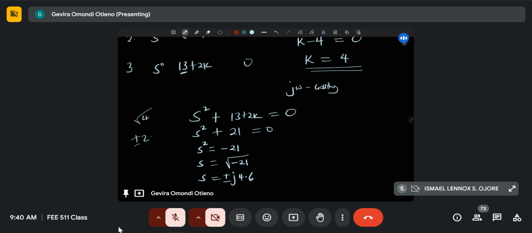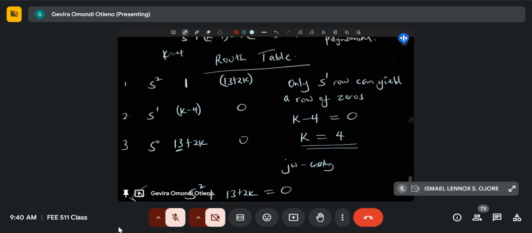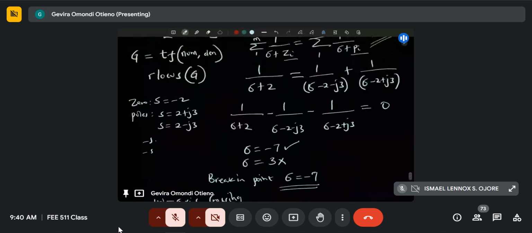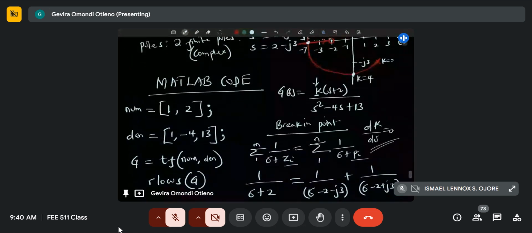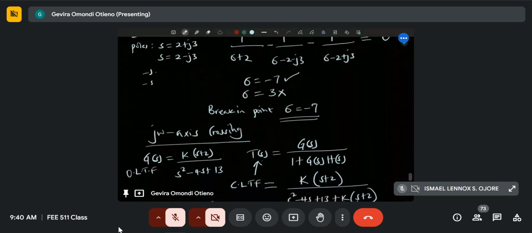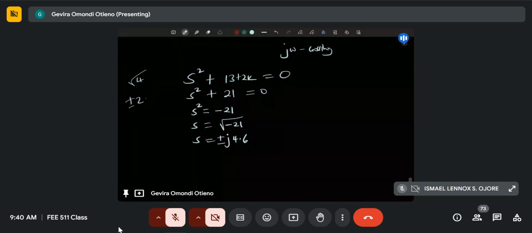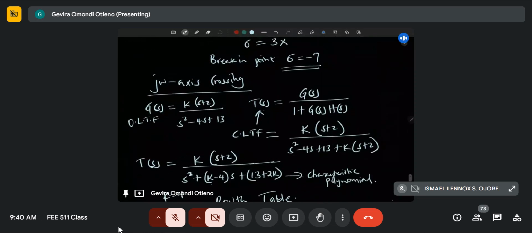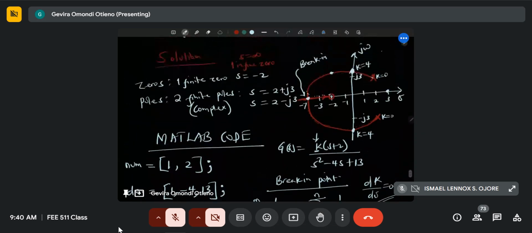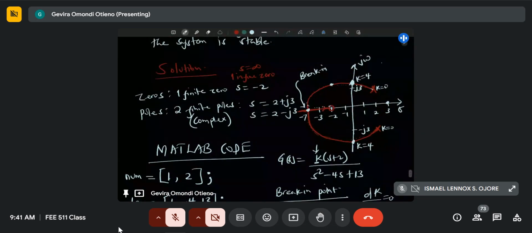4.6, just one decimal place, because it doesn't make sense to have 2 decimal places. There's no way you can plot 2 decimal places on a Cartesian plane or on an S plane. So 1 decimal place is what makes sense. So you can see that the root locus occurs here at positive 4.6 and minus 4.6. So this point here is J 4.6, and down here is J minus 4.6.